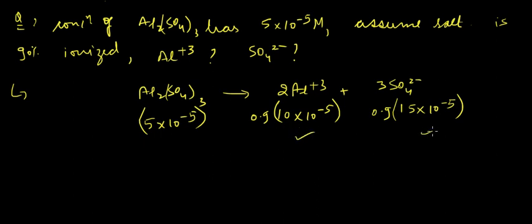What would be remaining of the salt? 0.1 would be remaining as 90% has dissociated, so this would be 0.1 into 5 into 10 raised to the power minus 5.